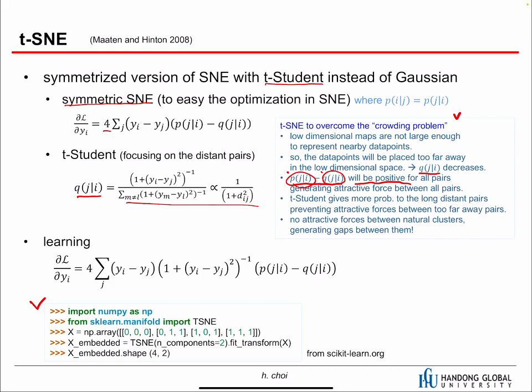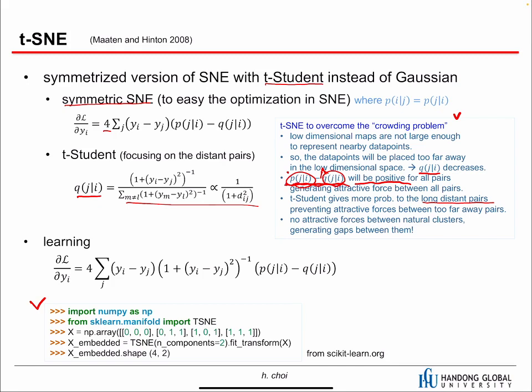So even when two points are really far away, there is a strong positive force pulling them toward each other. The t-distribution gives more probability to the long-distance pairs. So if Q goes high, then P minus Q will be smaller. It could be 0 or sometimes negative.